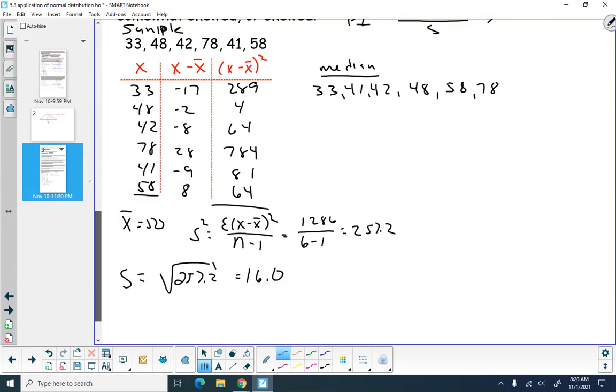Grace, and the median comes down to what? 45. I'm sorry, what? 45. So the median is 45.